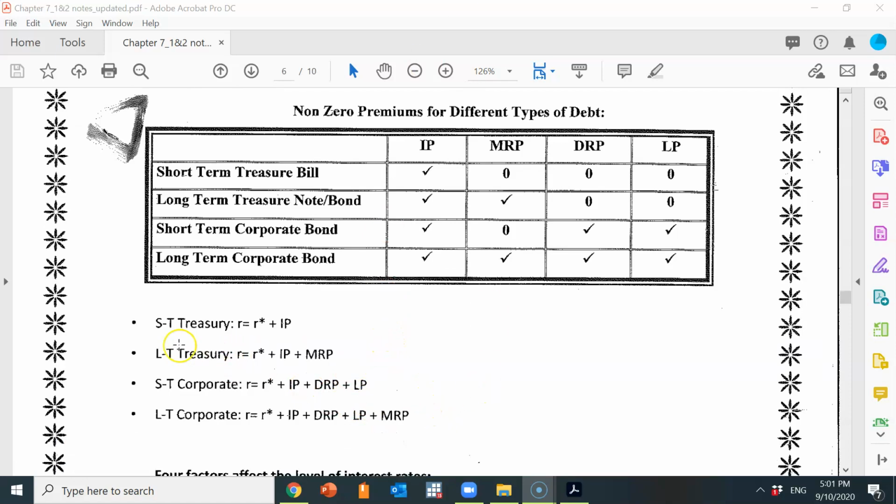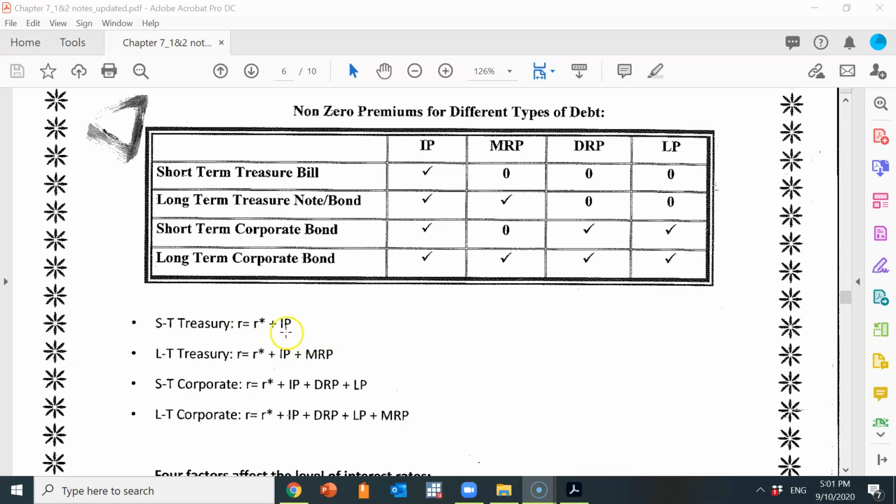Okay, for example, for short-term treasury bond, to begin with, all types of bond would start with real risk-free rate, R star, plus IP. Okay, all these 4 types of bond have the component of risk-free rate. And for short-term treasury, we say that the rate of return is just the risk-free rate.